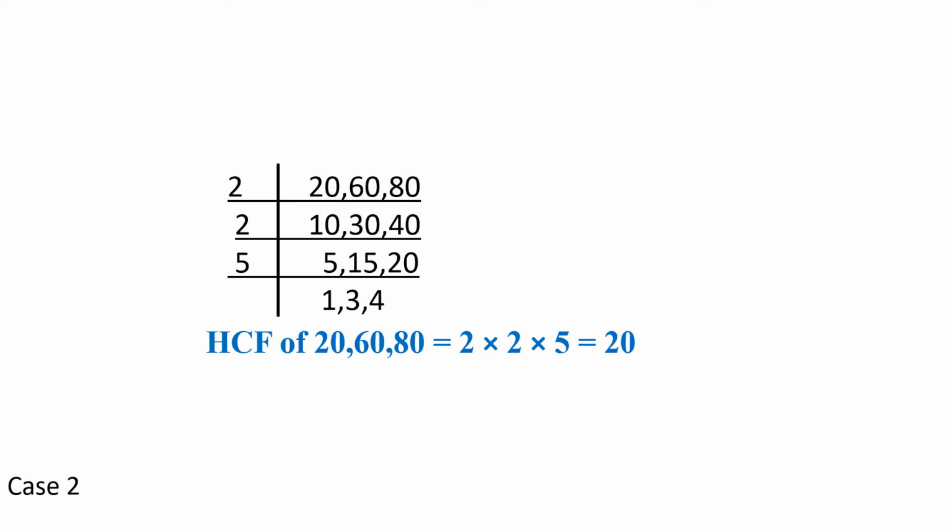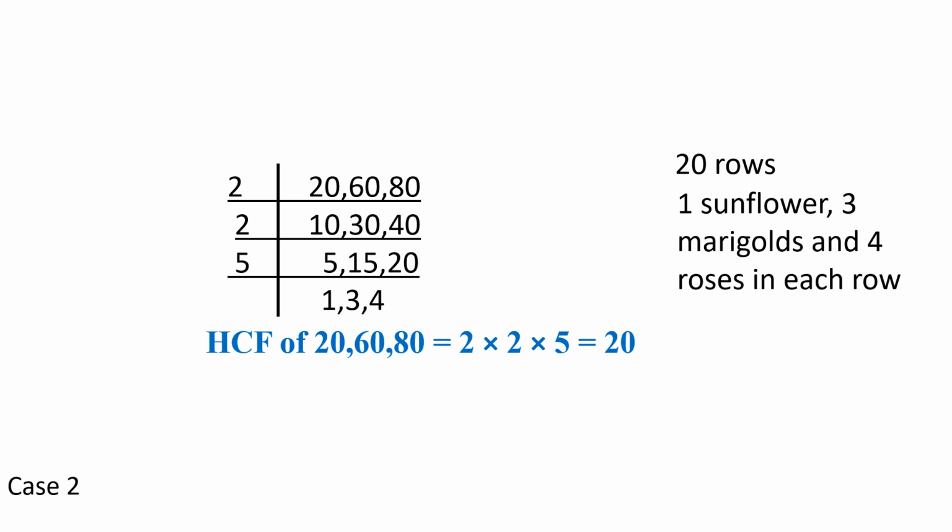In that case, there will be 20 rows, and in each row there will be 20 divided by 20, it means 1 sunflower, 60 divided by 20, it means 3 marigold, and 80 divided by 20 equals 4, it means 4 roses. So 1 sunflower, 3 marigold and 4 roses in each row. In that case there will be 20 rows, and there will be 8 flowers in one row.